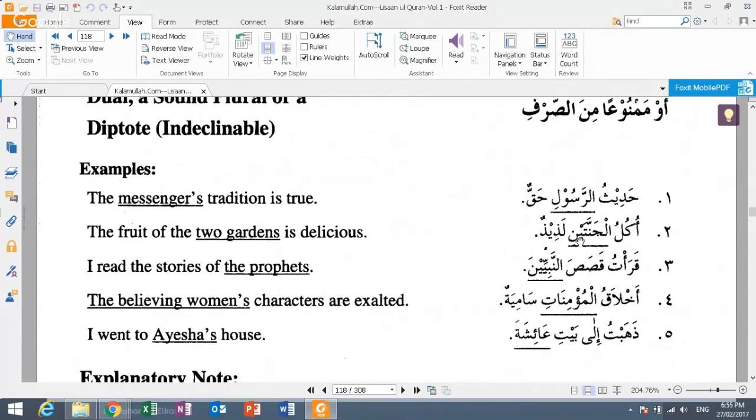You can't say Jannatan. Originally it was Jannatan. Now, because of the jarri case, if you remember, the i'rab of the tasniya in nasbi and jarri cases is with ya and noon with kasra. Now you can see the i'rab of Jannatain. Jannatain is mudaf ilayh. So which case is this? Jarri case. And mudaf ilayh is always majroor. So that's why Ukulul Jannataini. Don't say Ukulul Jannatani. Clear?